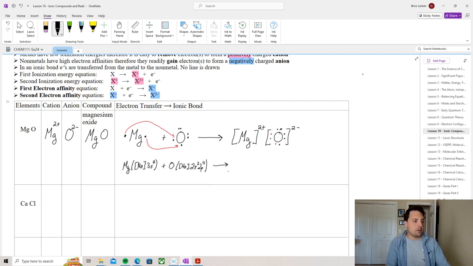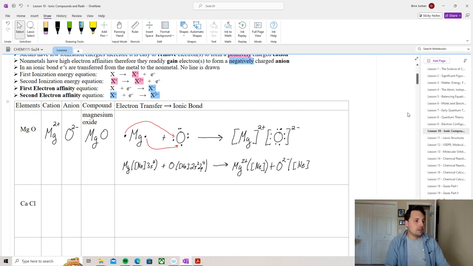During the electron transfer process, the 2 electrons that are the valence of magnesium go to oxygen, and we can see very easily why this might occur. So magnesium 2 plus will end up as the same configuration as neon, and oxygen 2 minus will end up with the same configuration of neon as well.